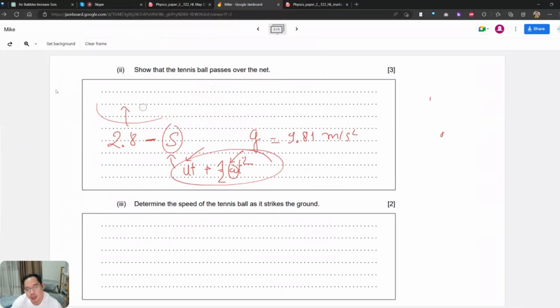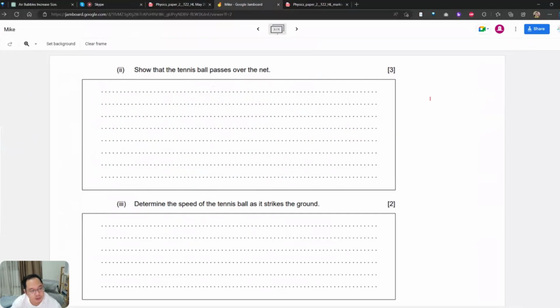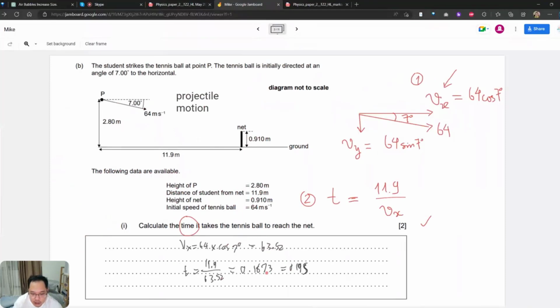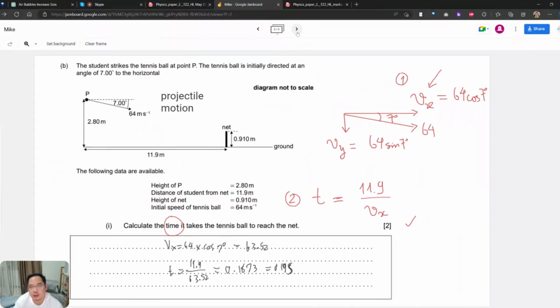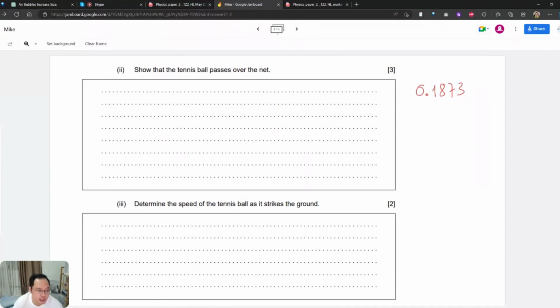For the marks: the first mark is to calculate the distance that the ball falls in 0.19 seconds, and note that you should use the value 0.1873 to be more accurate, or you can round to 0.19 seconds.